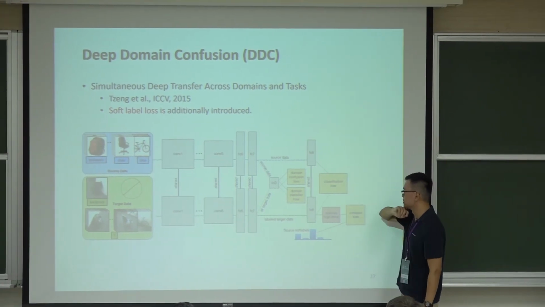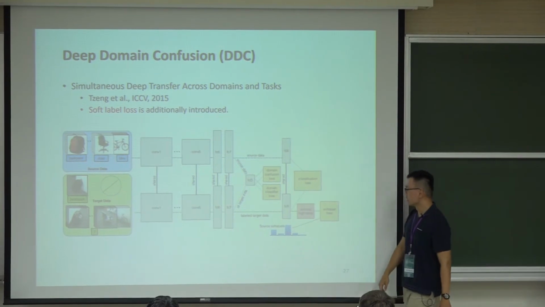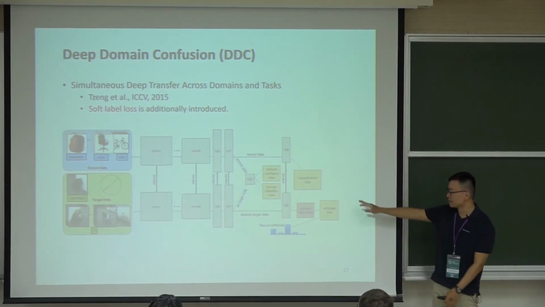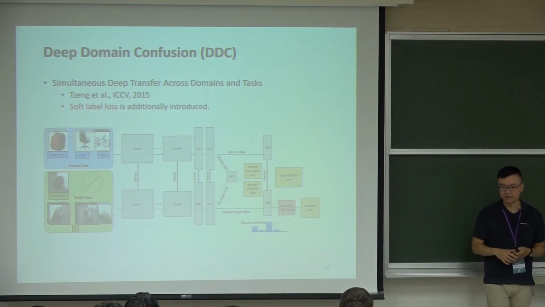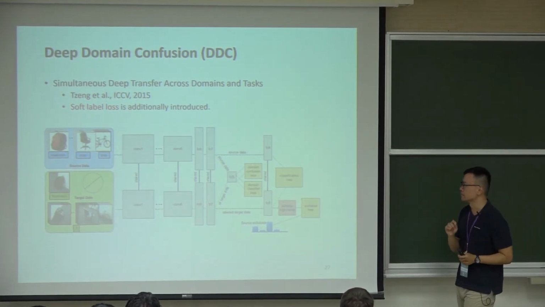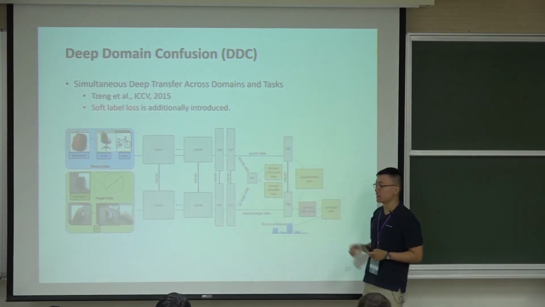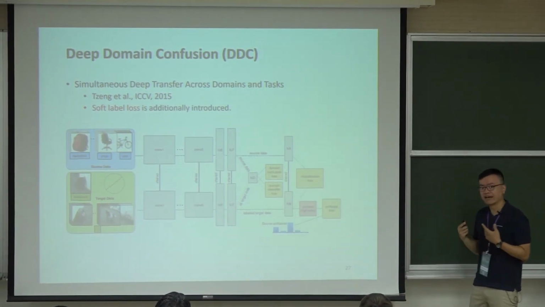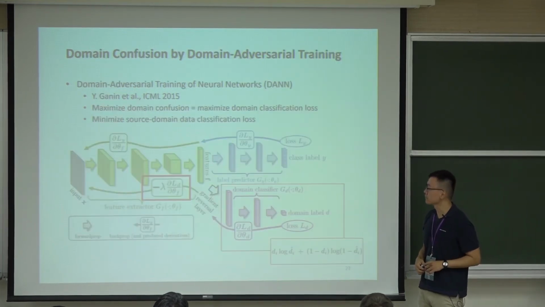They have the classification loss, and they have the domain loss from both data domains. In some cases, they somewhat relax the way they calculate the classification loss. But anyway, the most important thing is the integration of MMD and the classification loss. That's at least the take-home message for this ICCV 2015 model.